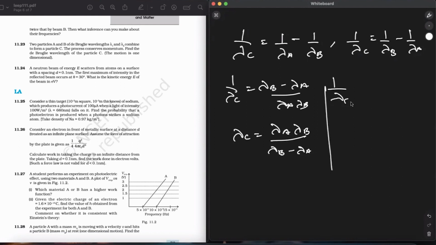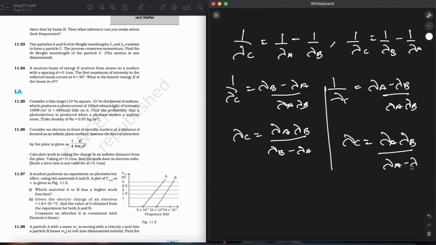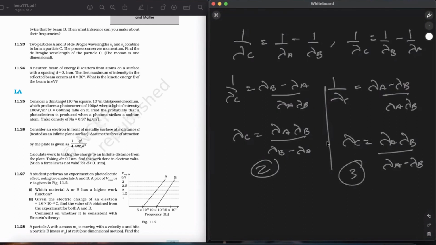Similarly, 1 upon λC is (λA minus λB) over λA λB, and λC is λA λB divided by (λA minus λB). So these are cases 2 and 3, 1 was over there, and 4 will be the minus of 1.